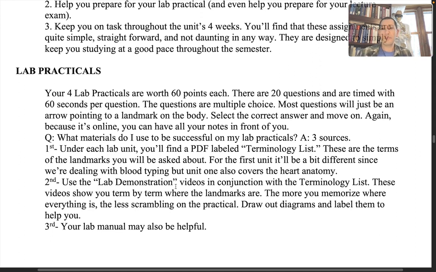That's the best that we can do online. Name this chamber. Is it A, the right ventricle, B, the left ventricle, C, the right atrium, D, the left atrium, and you just select, hit next. So it's still a lab practical, but spelling doesn't really count.